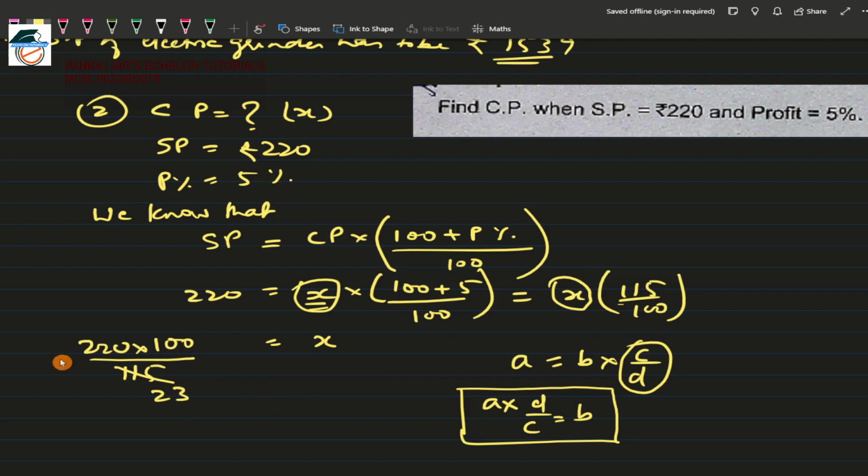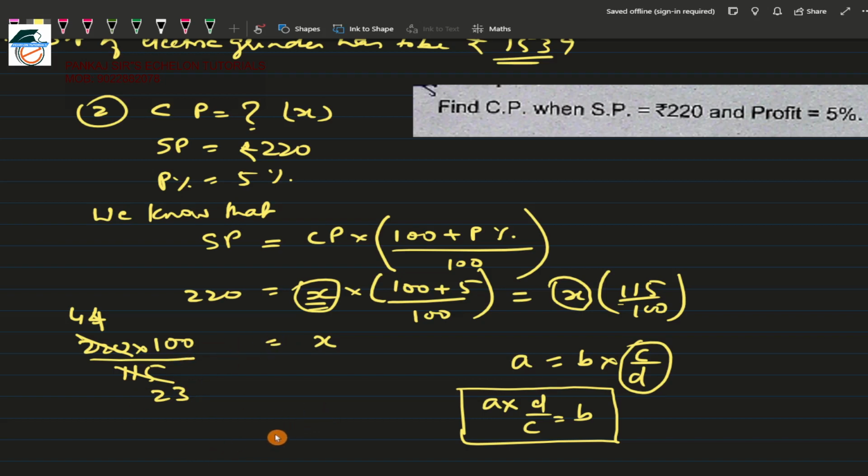So 23. And 5 4s are 20, so 44. 44 upon 23 you will get into 100.